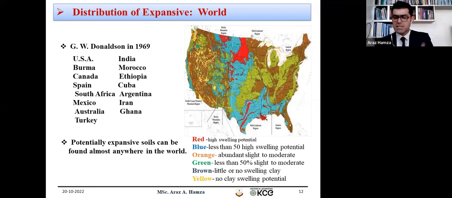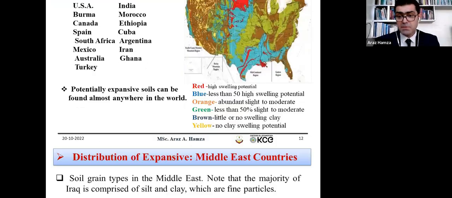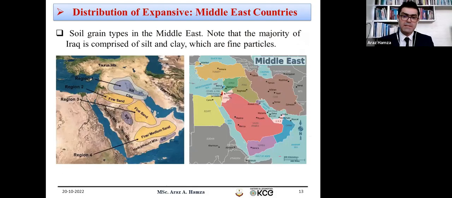You can see the colors are arranged according to the level of expansive potentiality. If there is a red color, it means that those countries should think about expansive soil, because this is a serious problem for their construction industry. I hope every country has a specific map for that.